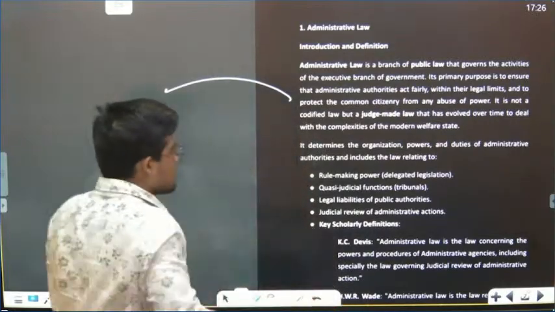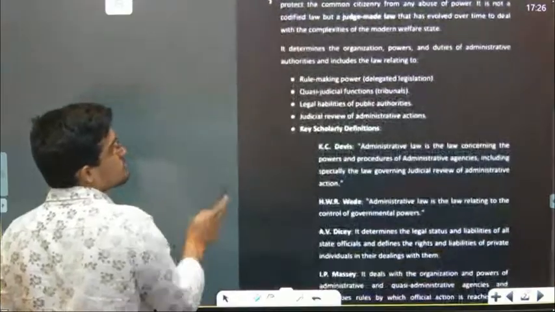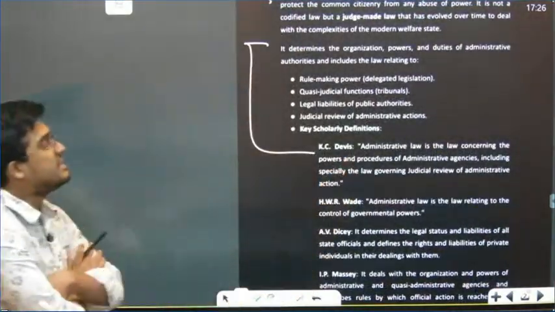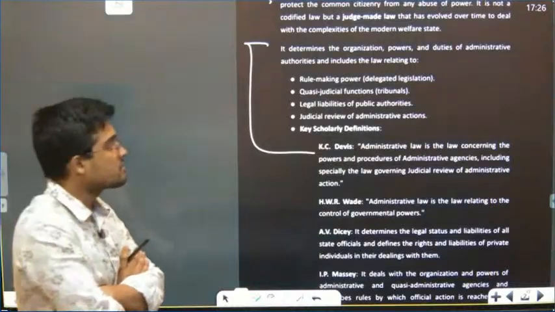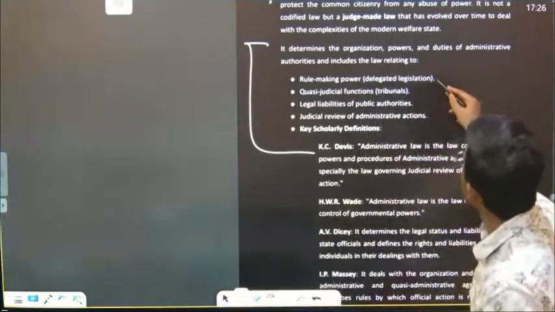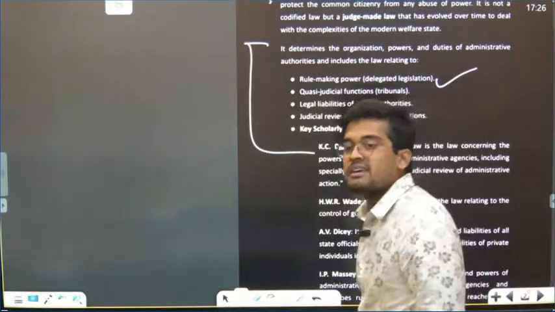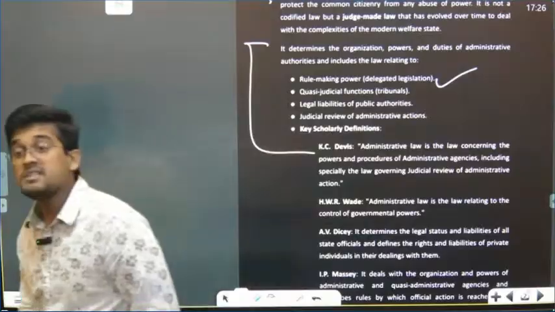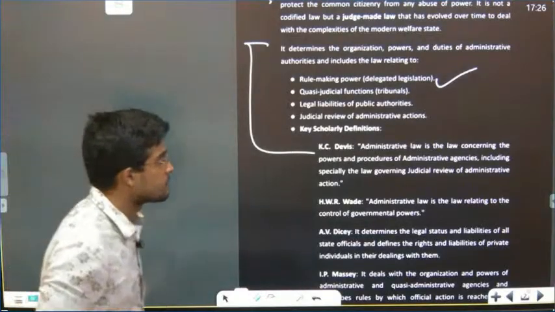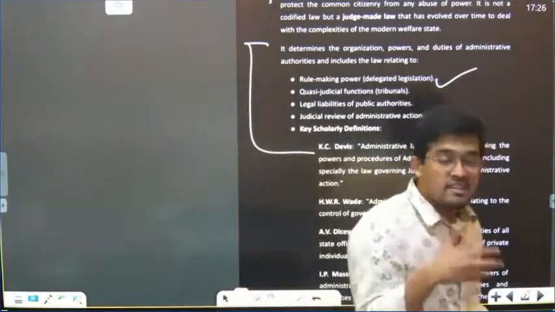Now, administrative law determines the organization, powers, and duties of administrative authorities and includes laws relating to the rule making power of the executive. That means delegated legislation. We'll study delegated legislation in detail. Then certain quasi judicial functions.